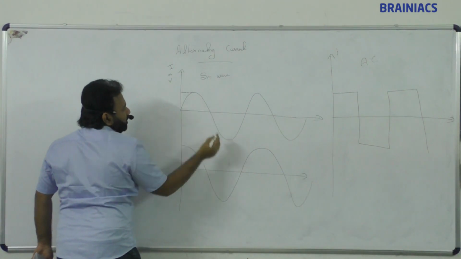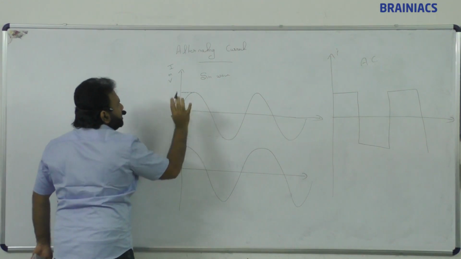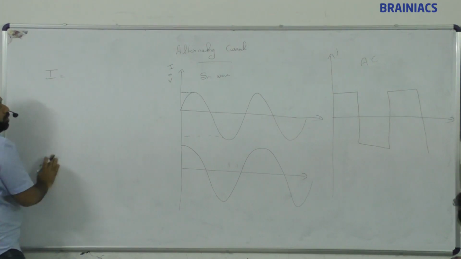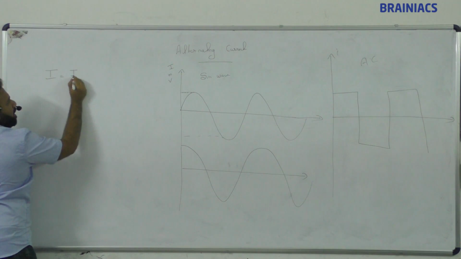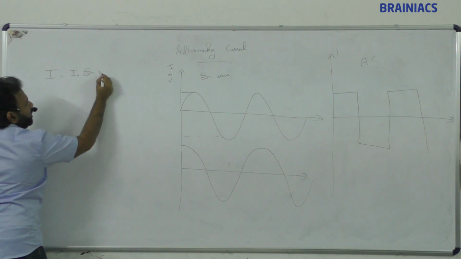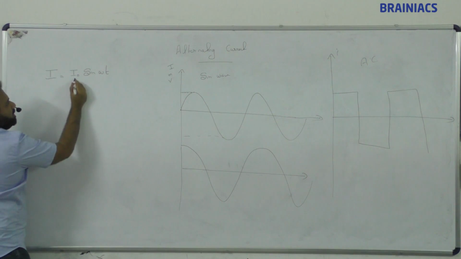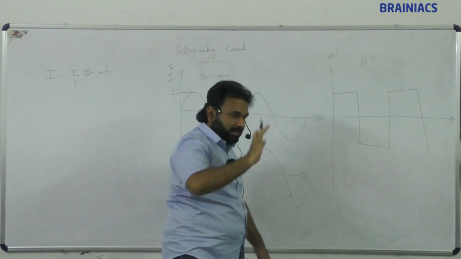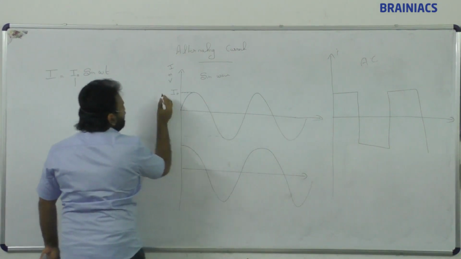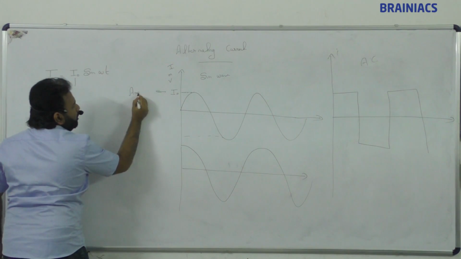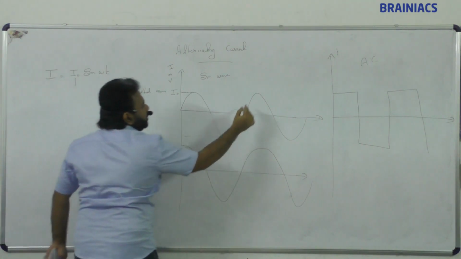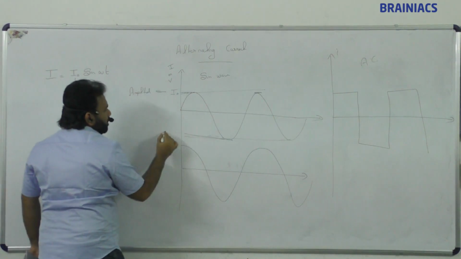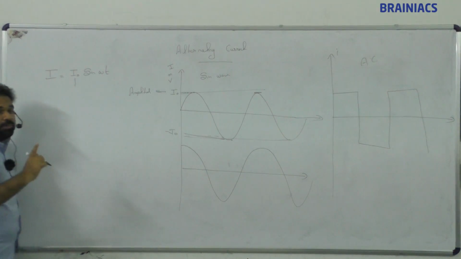This is the amplitude. Suppose I write current I = I naught sine omega t, then this I naught is the maximum. So this is the amplitude. Here the amplitude is the same, minus I naught. So the amplitude must be the same.